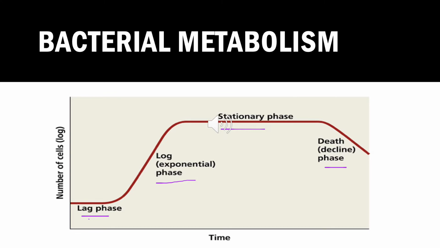And so basically, it's going to want to use the glucose first. That is its preferred energy source. So basically, if that's available, that's what it's going to use first, and then it will go sort of down the list of what else is available to the cell, and that's what it will metabolize.